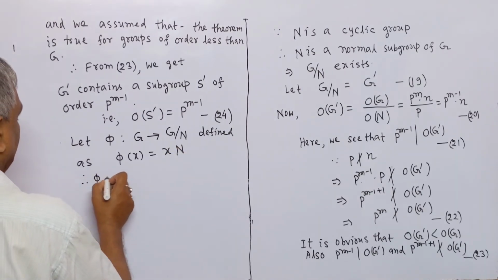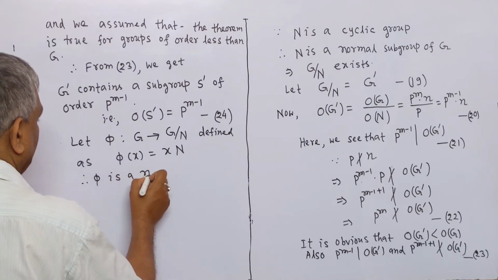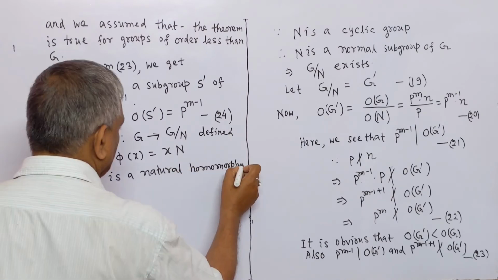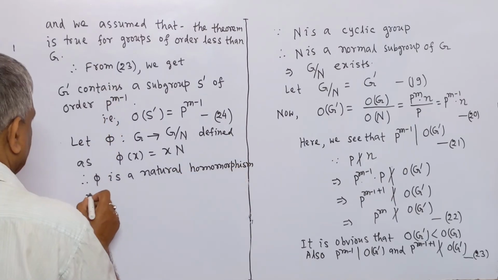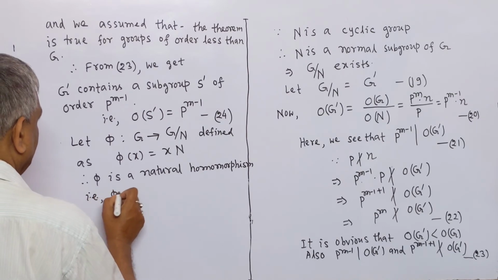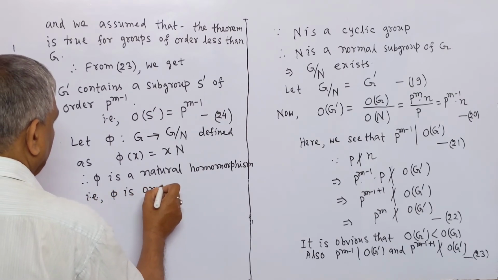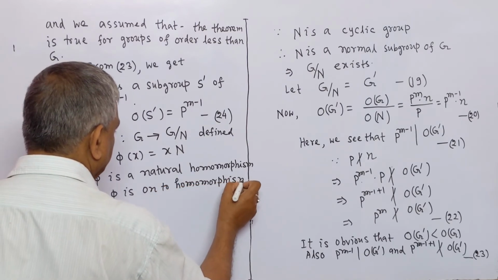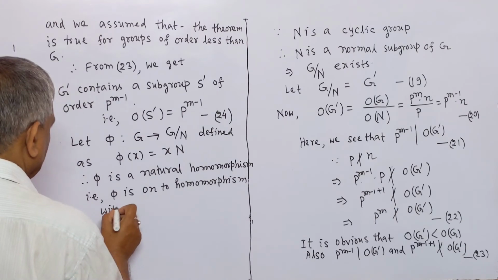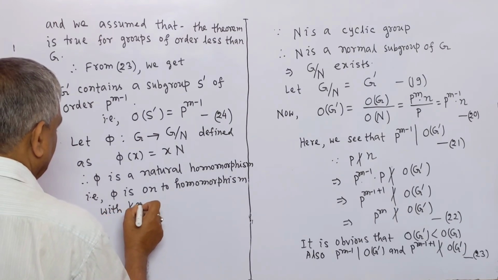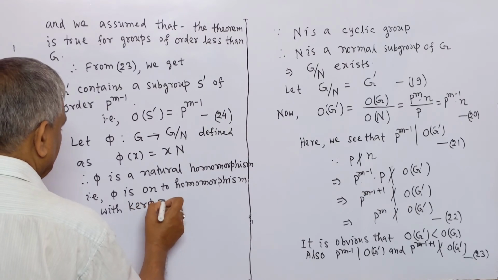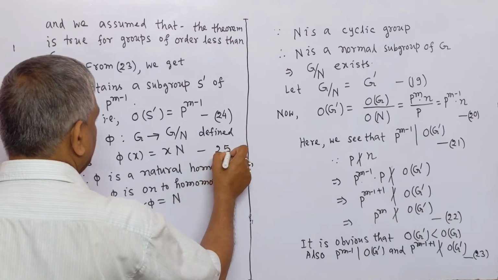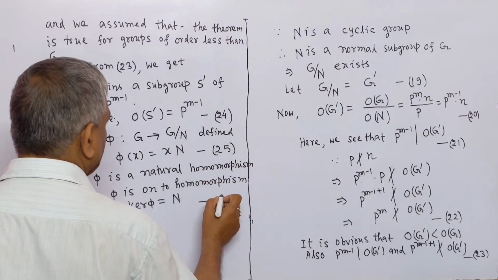Therefore, phi is a natural homomorphism. That is, phi is onto homomorphism with kernel phi equal to N. This is number 25 and this is number 26.